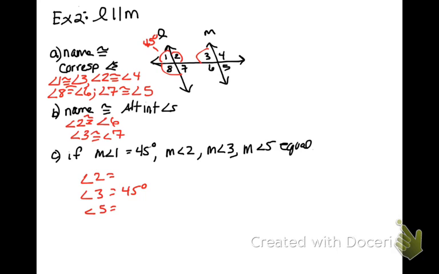That's not alternate interior or corresponding, but it's a vocabulary word from the beginning. It starts with a V. Vertical angles, and they are congruent to each other, so it's going to equal 45 degrees. Now, if I put angle 1 and angle 2 together, what does that equal? 180 degrees, so it would be 180 minus 45, and that would be 135 degrees.